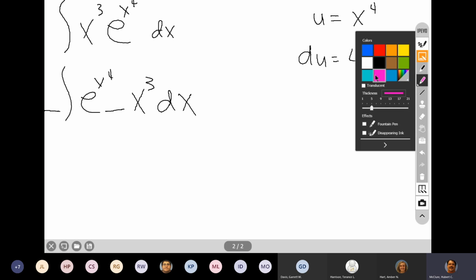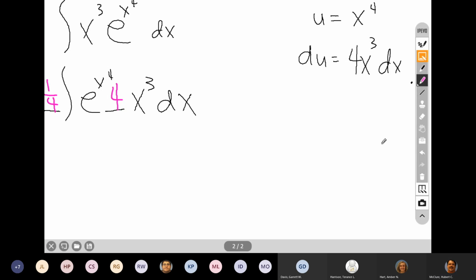Okay, I'm going to put a 4 right here. So what am I going to put on the outside? 1/4. Now, if you want to, I'm going to solve for dx, which is dx equal to du divided by 4x cubed. So if you wanted to cancel the 4x cubed, there it is.